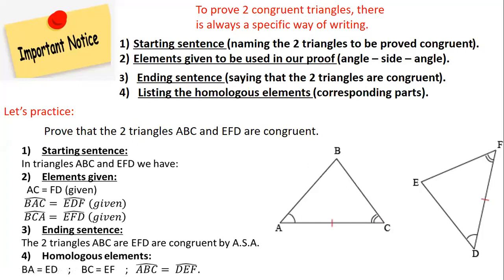ACB. Okay. If you look at the triangle EFD, can you see an angle having the same mark as ACB? Yes. At which vertex? F. Name it. EFD. So if these two angles are marked the same, then you should keep in mind that they are equal, okay?